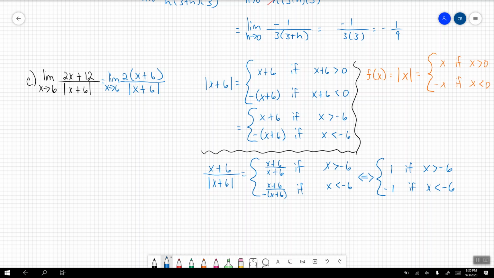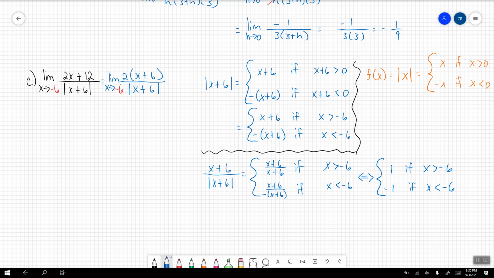And as we start approaching the values that we're going to look at, I'm going to make a small change. That small change is going to come over here in part C, where I'm not going to be approaching 6. Instead, I'm going to be approaching negative 6 to make this a little bit more interesting.